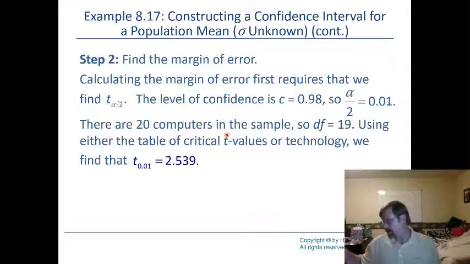So I'll be using 0.01 in the calculator formula, or looking at the 0.01 column in the one-tail value of the table. And we had 20 computers, so we have 19 degrees of freedom with sample size minus 1. We find that our critical t value is 2.539.